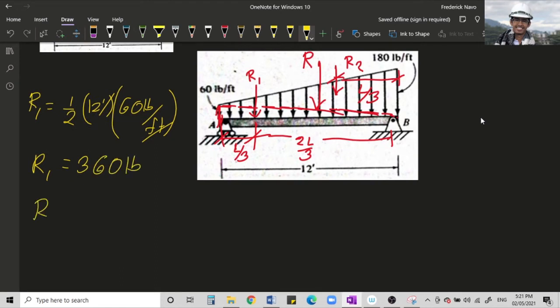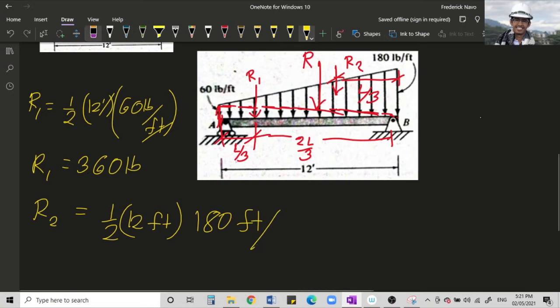And for R2, that is equal to the area of the other portion here on the right. So that will be 1/2 the base, our length, that will be 12 feet, multiplied by 180 pounds per feet. Okay. So, the feet cancel. What remains?